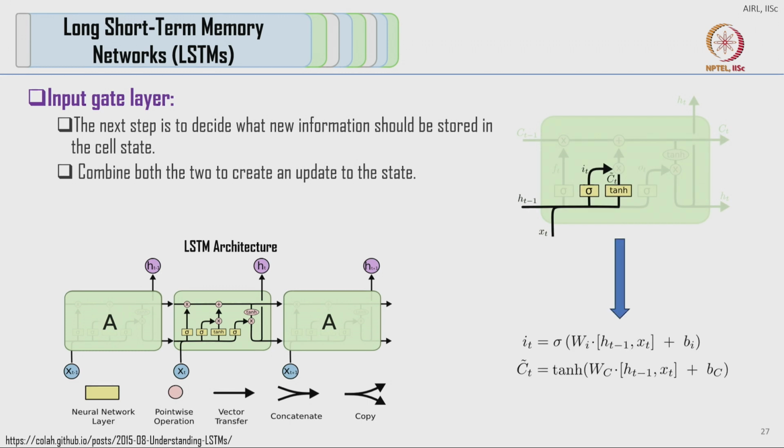Let us look at the input gates. The input gates are essential because they focus on defining a new candidate cell, which is different from the cell of the previous state.